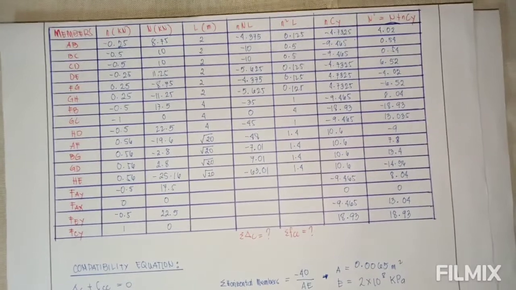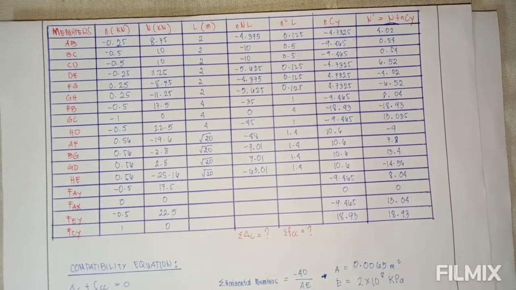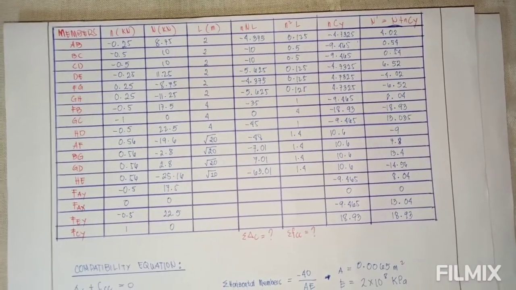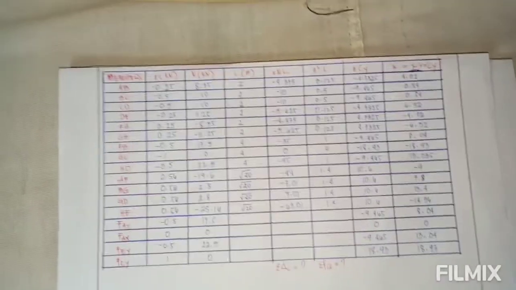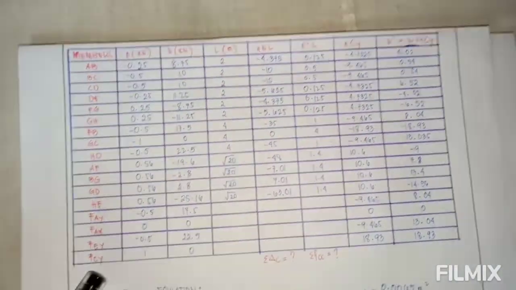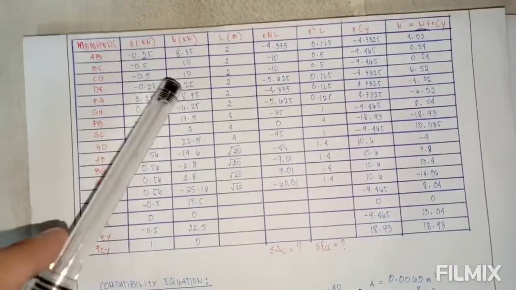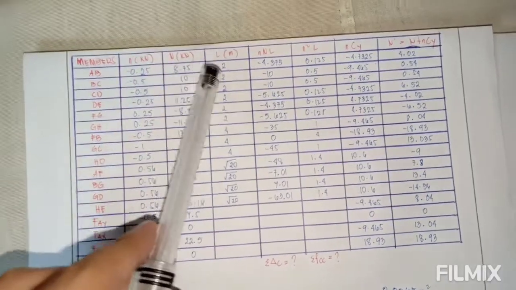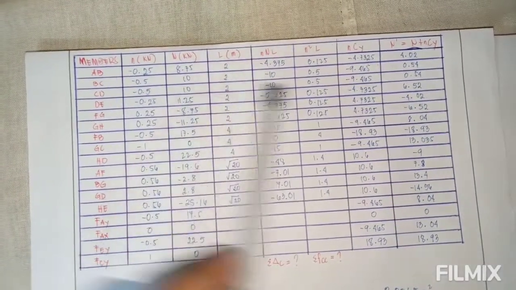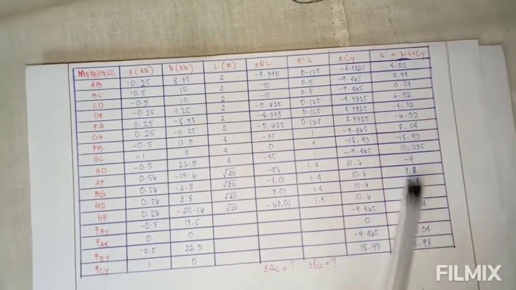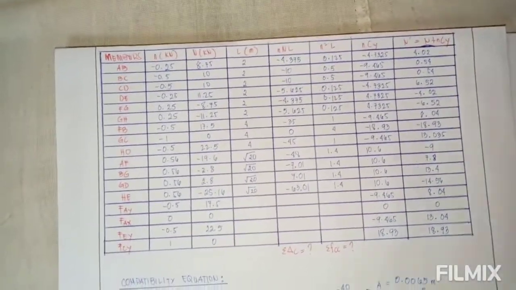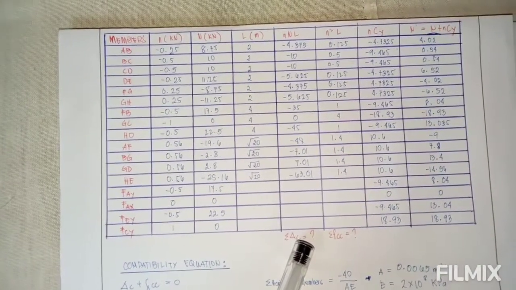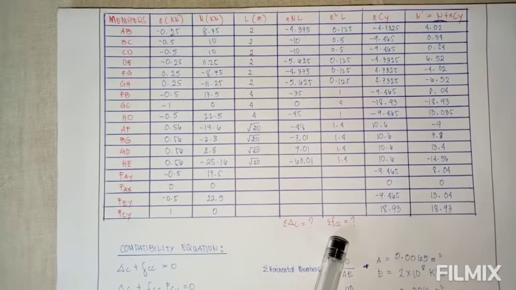This is now our tabulated form of the values we obtained in solving the members of the truss. We have the members of the truss, the unit load, the real loads, the length of the bar member, and the final force. The summation for delta C is still unknown, as well as the summation for 4cc.